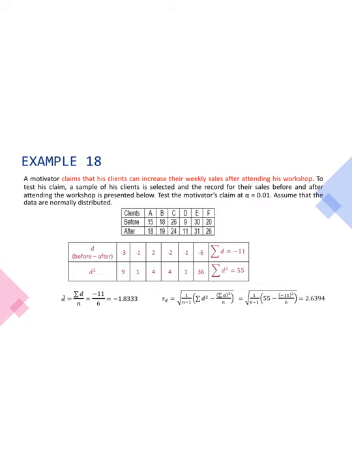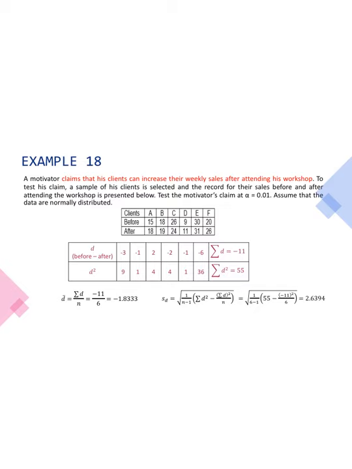Okay, to test his claim, a sample of his client is selected and the record of their sales before and after attending the workshop is presented below. Test the motivator's claim at alpha equals to 0.01. Assume that the data are normally distributed. Okay, so apa yang perlu awak buat? You have to find the pair difference for each clients lah.